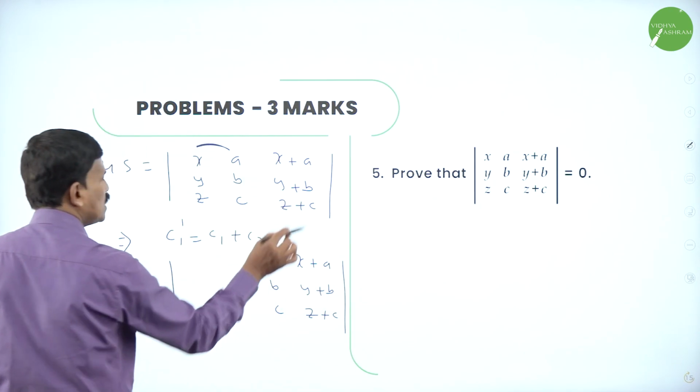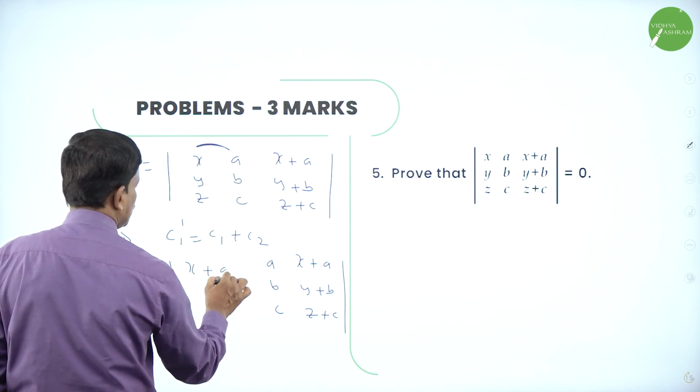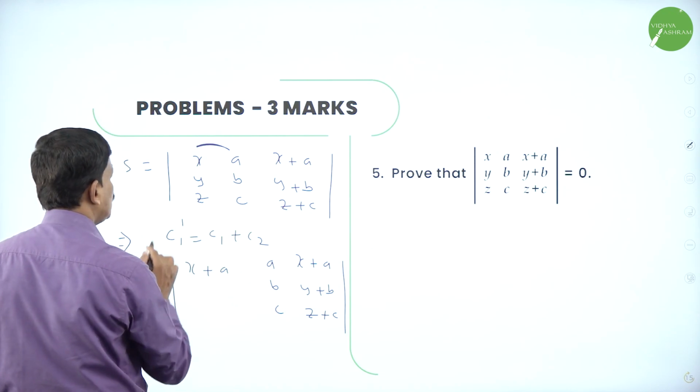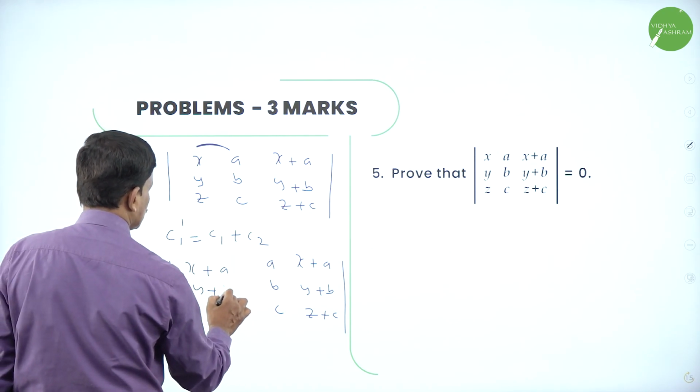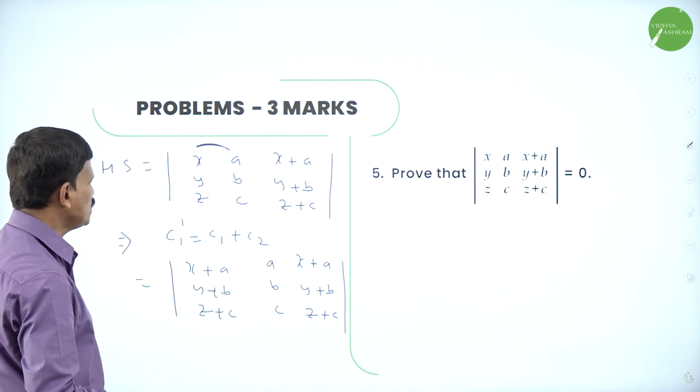Now add the first element of column 1 and column 2: x plus a. Again, second element, y plus b. Third element, z plus c.